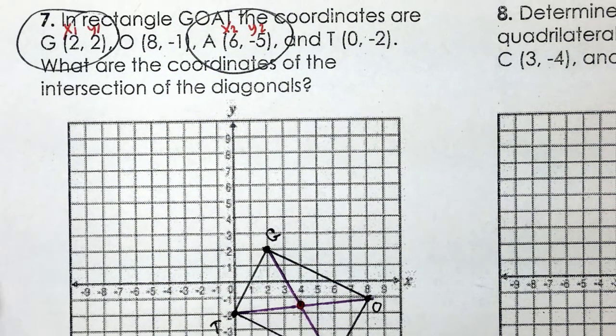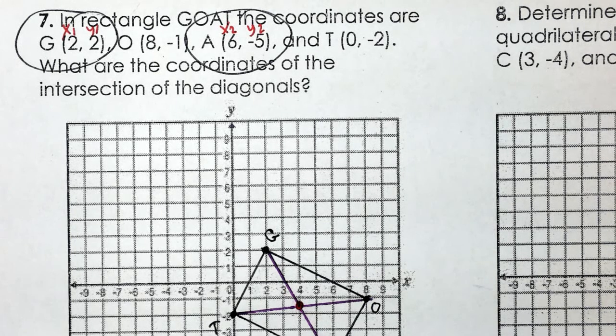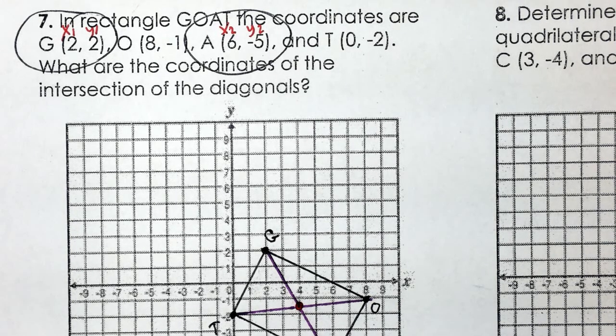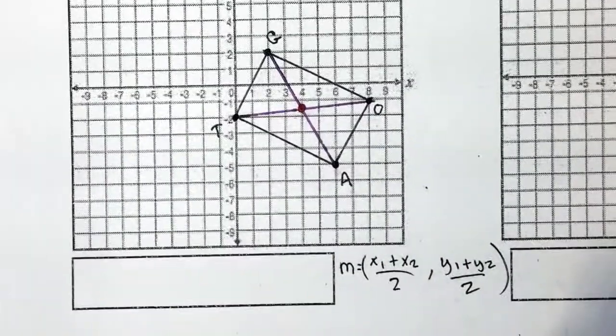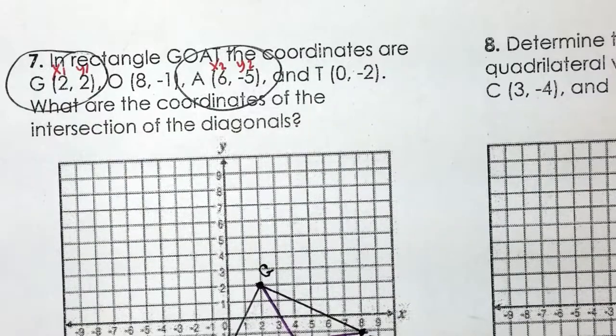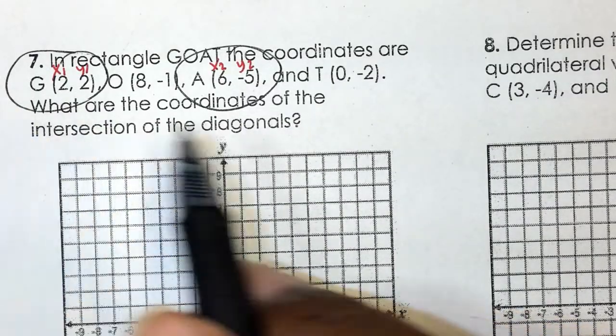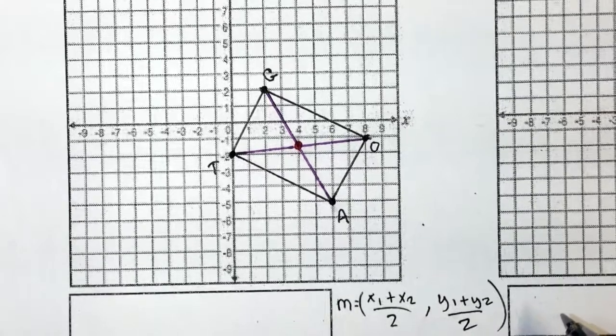And then your midpoint formula, M equals X1 plus X2 divided by 2, comma, Y1 plus Y2 divided by 2. I'm going to just show y'all what that means. I'm using these up here, like I said, G and A, that's the diagonal.